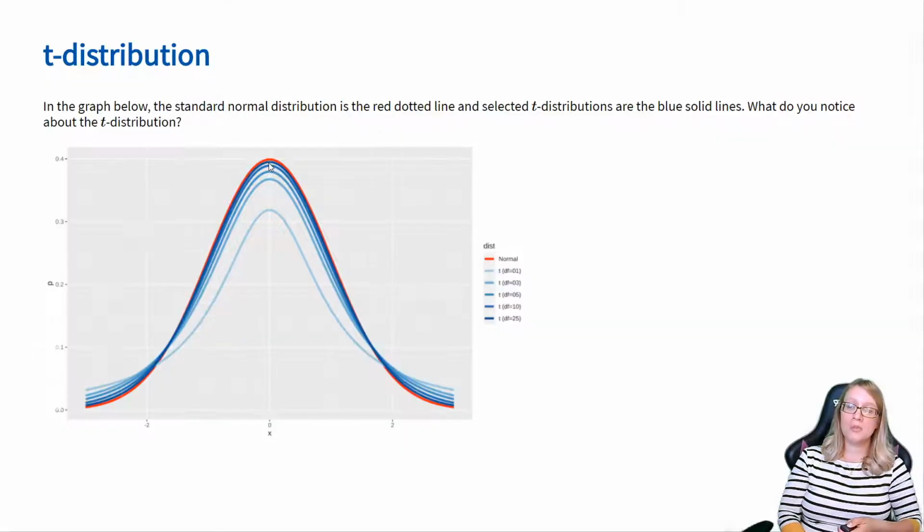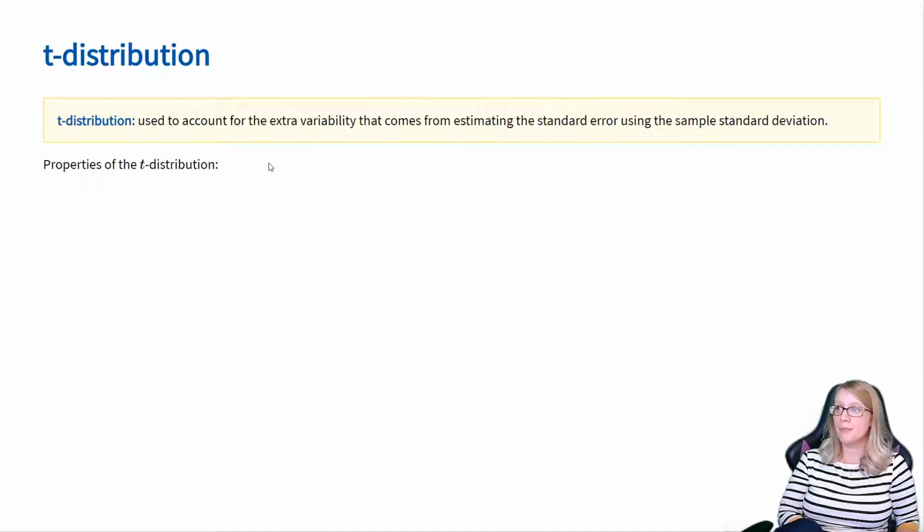This t-distribution, as the degrees of freedom are increasing, becomes very similar to the normal distribution. So they're not that far off in reality. This t-distribution is used then to help us account for the extra variability that comes to us from estimating the standard error using the sample standard deviation.